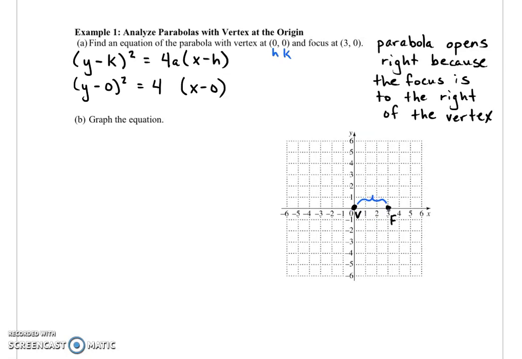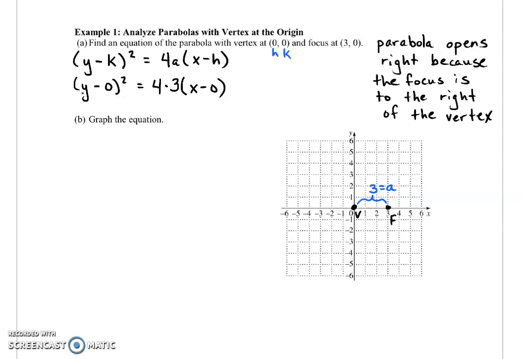So how far is that distance? Well, (0, 0) to (3, 0), we just count straight across. 1, 2, 3. So that distance is 3, which means our a is 3. So we can put 3 right there for our a.